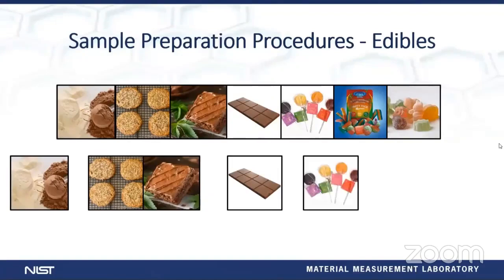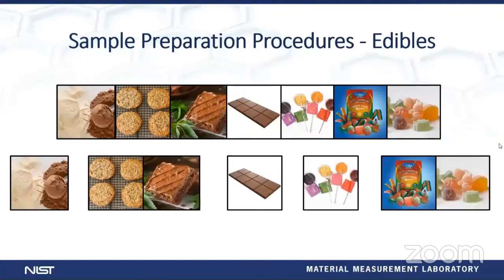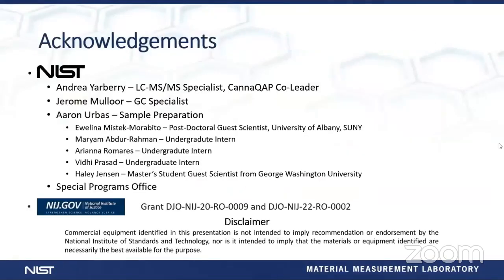Then we also looked at hard candies. We also have a lot of work going on right now focusing on chewy candies and gummies, and their types of matrix can really cause some complications for the LC or GC analysis. If you have any questions about any of these, please feel free to reach out to us, as I'm not going to have time to include it in today's presentation.